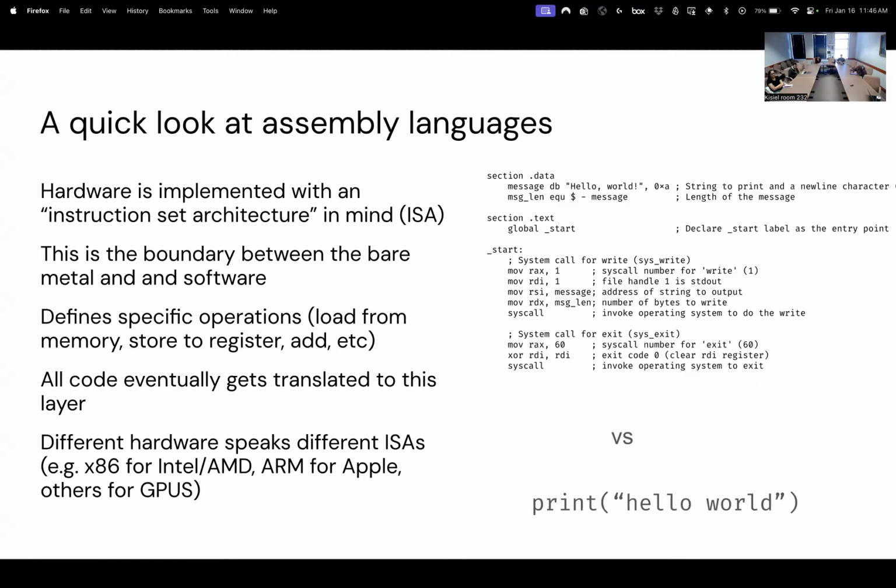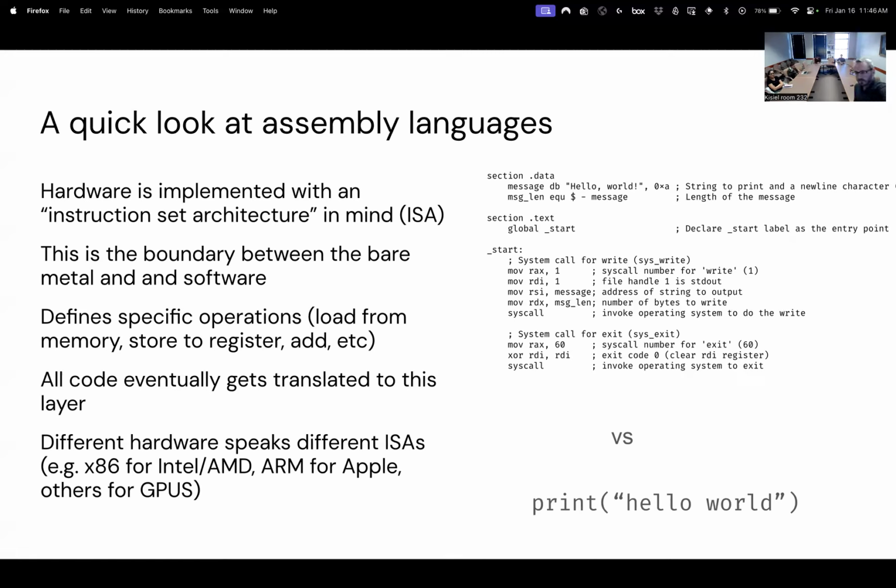This is a very low level language that's the boundary between software and the circuits themselves. These are predefined, they engineer them to define these specific operations. So if I want to load a piece of data from memory or store it to a register or add it with the arithmetic unit, that's what it does. And all code eventually ends up being translated to this layer.